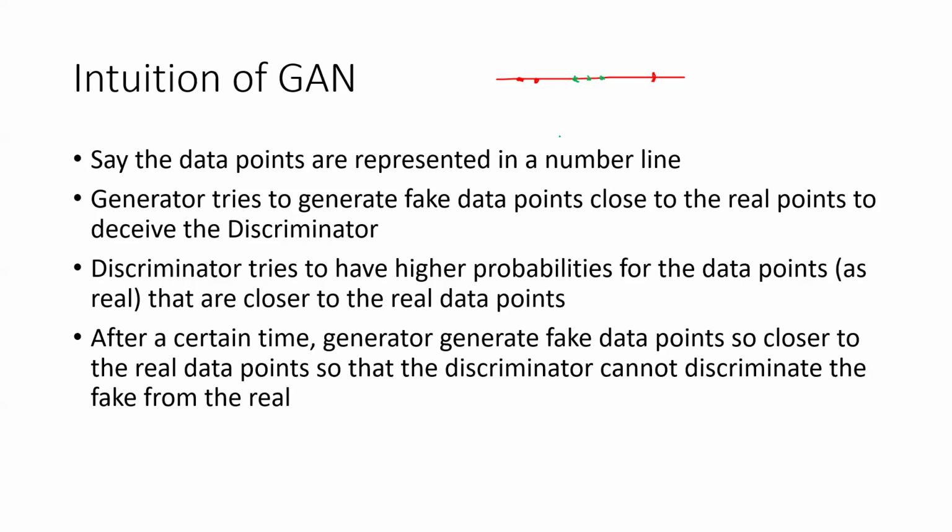At first, because these generated fake data points are away from these real data points, the discriminator can give higher probabilities for each of these. These are the probabilities in the probability levels, right? And these will get lower probabilities because they are outside this domain.